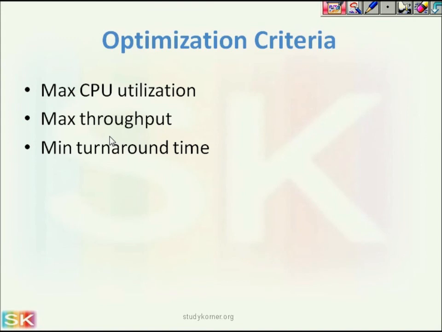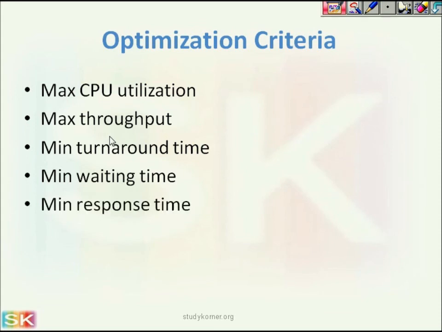So we want to complete our processes as early as possible. If a process is finished as early as possible, its turnaround time is obviously minimized. Minimum waiting time, right? And minimum response time. So to optimize any scheduling criteria, these are the parameters we have to consider.